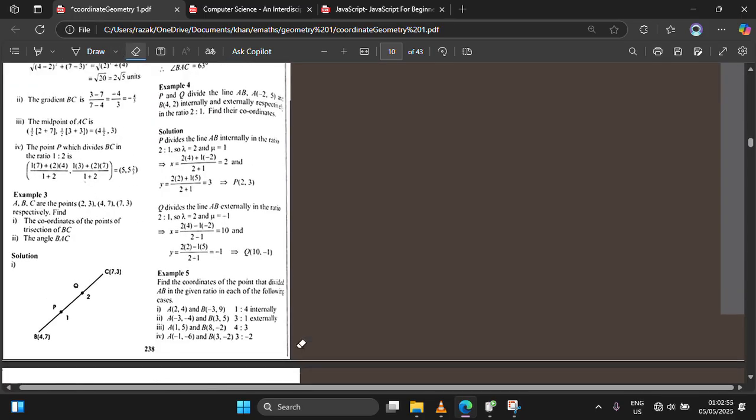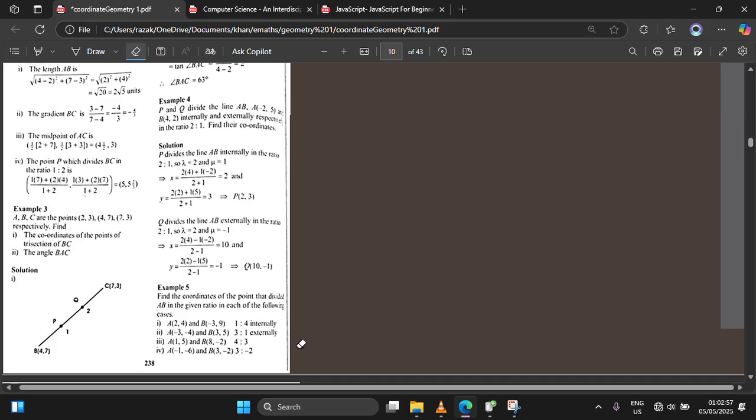There are more examples here. Look at this question. A, B, and C are points given. Find the coordinates of the points of trisection of BC. What does that mean?